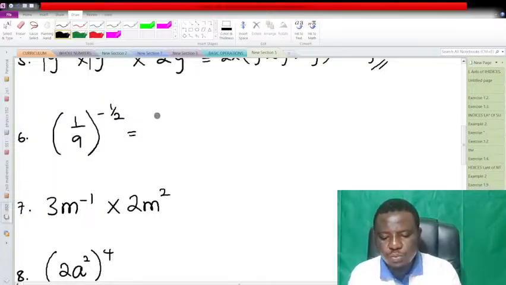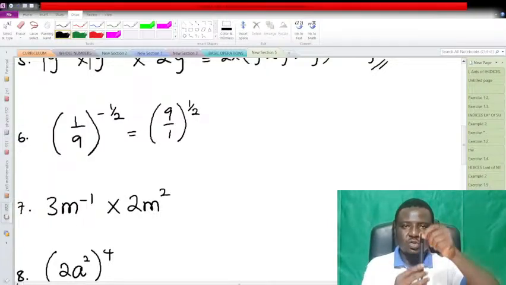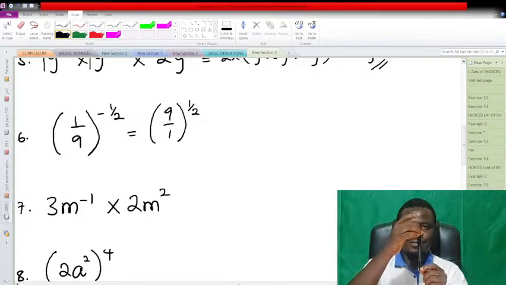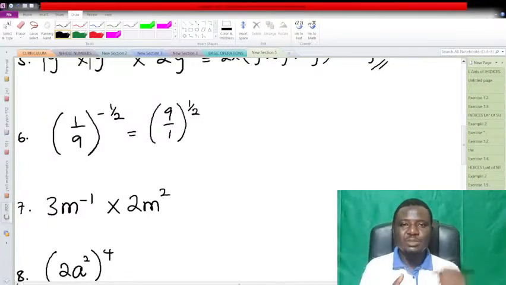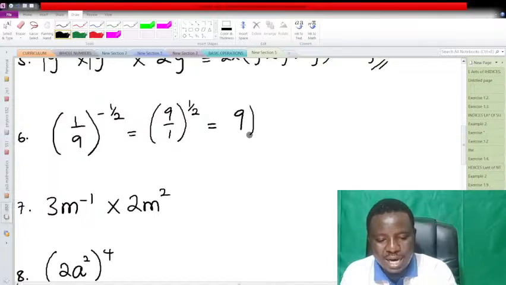So this can be said to be equal to 9 over 1 all raised to the power of half. You invert it, okay? The same thing as you saying you turn it upside down. The numerator becomes the denominator and the denominator becomes the numerator. So 9 divided by 1 is still the same thing as 9. So this is equal to 9 all raised to the power of half.